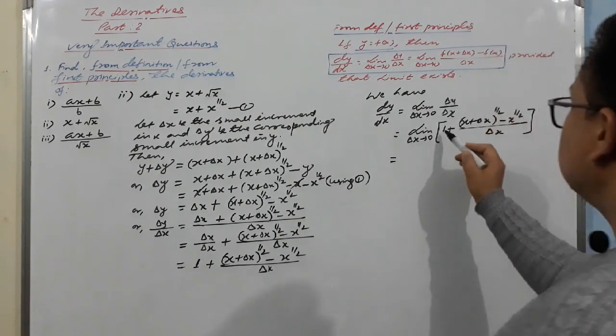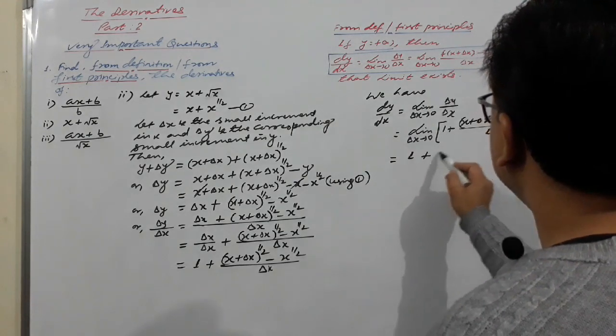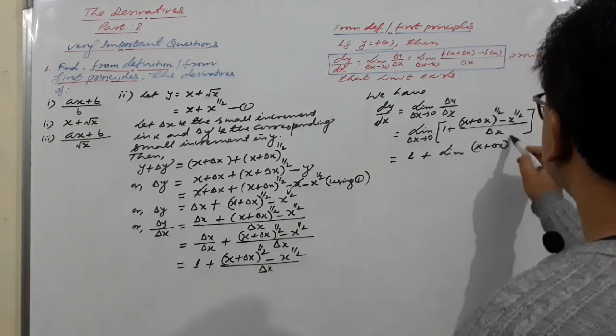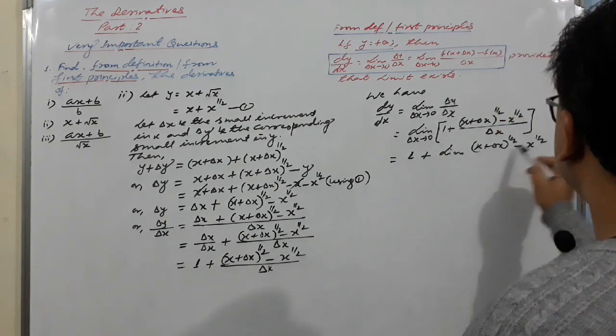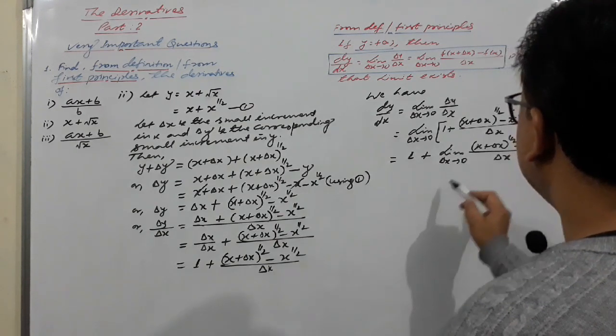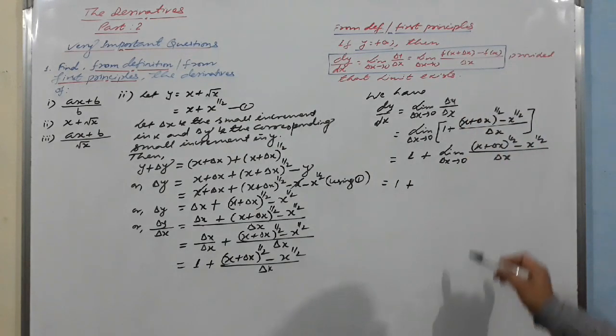Okay, as you know 1 is the constant, so limit of 1 is 1, so plus the limit of (x plus delta x) raised to the 1 by 2 minus x raised to 1 by 2 over delta x as delta x tends to 0. So a little bit of modification we will do here.